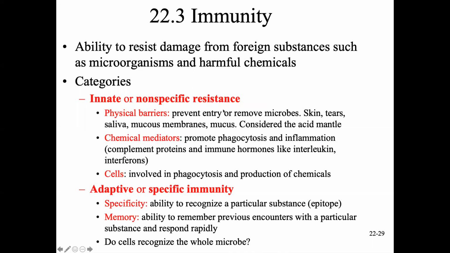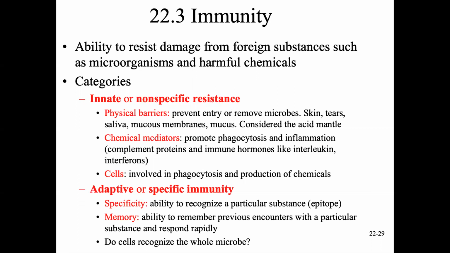Now, all of us have this non-specific immunity or resistance, right? That can include something as simple as intact skin, intact mucous membrane, or it can actually be cells that are part of it as well. So there's a big range in what we talk about in terms of innate or non-specific resistance.